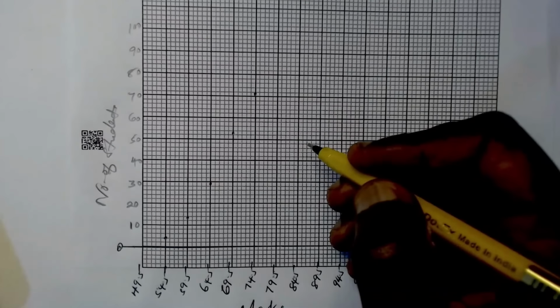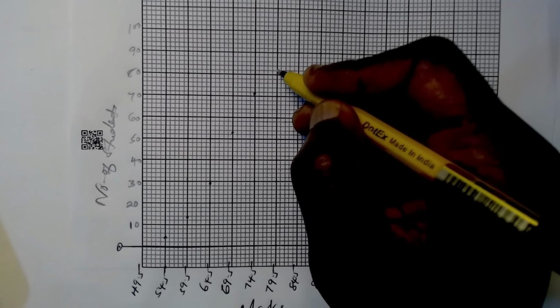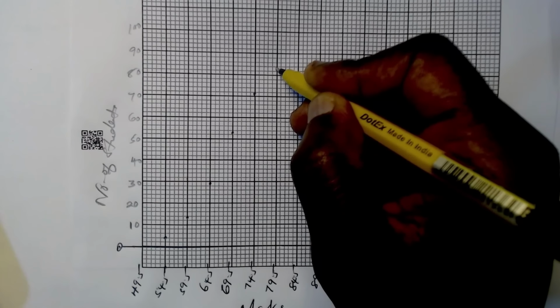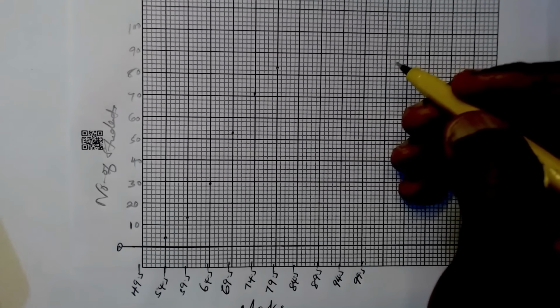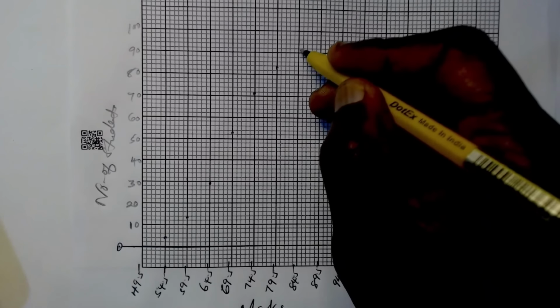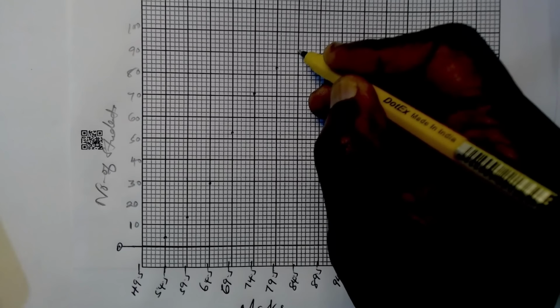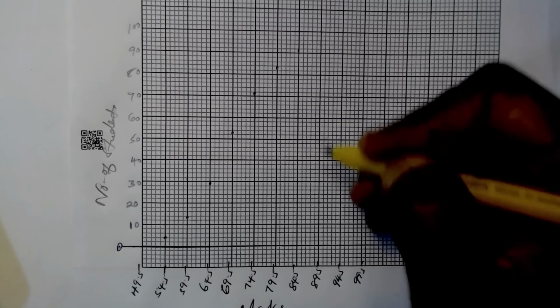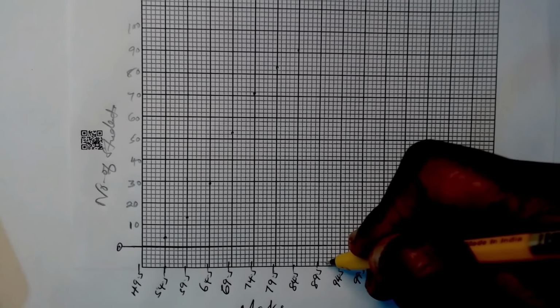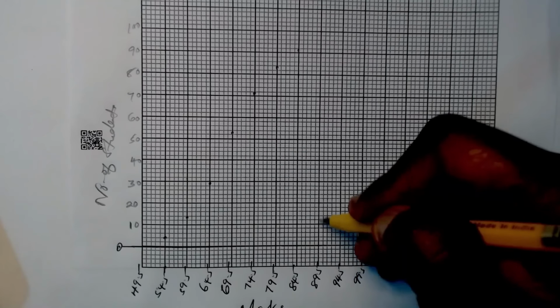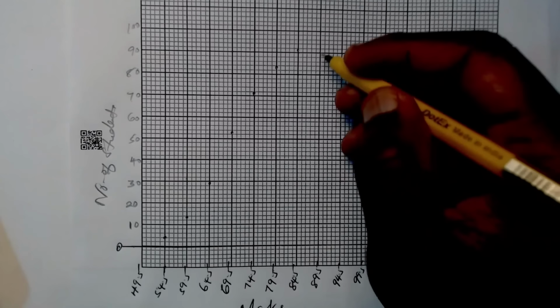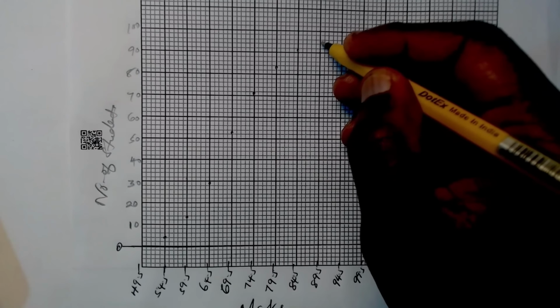And then 79.5, 83. 79.5, this 82, 83 will be there. Then 84.5, 91. 84.5, 91 is there. And then finally 89.5, 96. 89.5, 96.